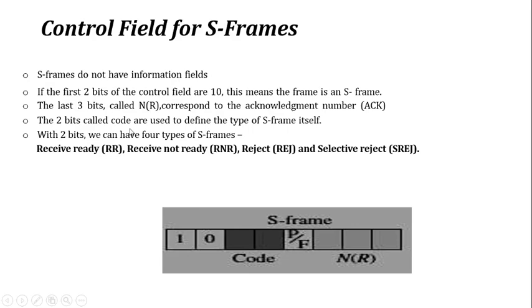The 2 bits called code are used to define the type of S frame itself. The types are RR, receive ready, RNR, receive not ready, REJ, reject, and the last one is SREJ, selective reject. Here you can see the diagram: 1, 0, followed by code, P/F, and N(R). Okay, that is S frame.